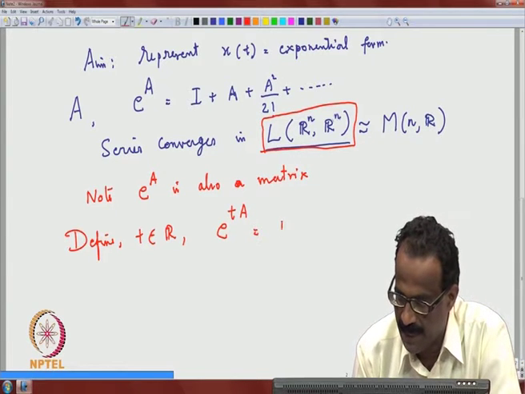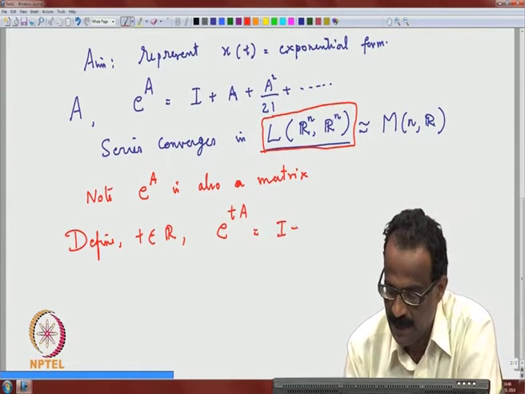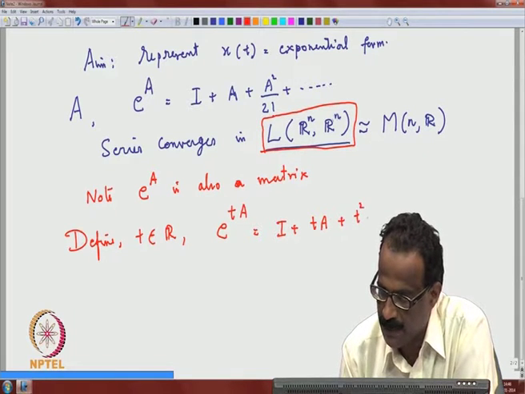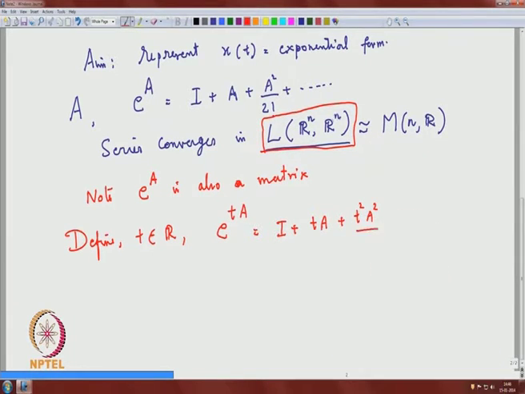That is nothing but identity, again it is a matrix, plus t a plus t square a square by 2 factorial and so on. It is again an infinite series, and this series converges uniformly, because there is a t parameter. So, again e power t a is a particular matrix here.